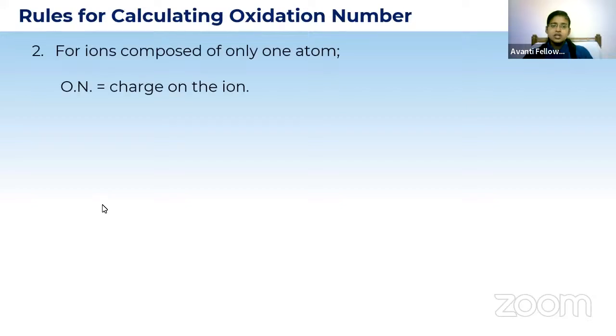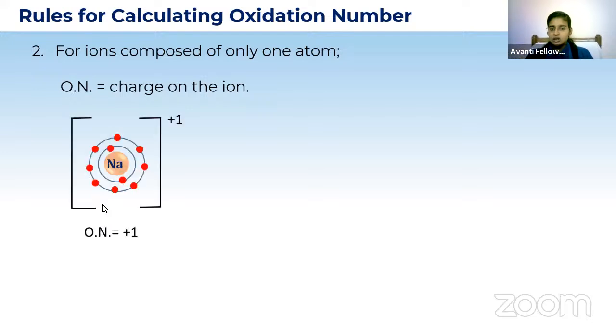Now, rule number 2 says, for ions composed of only one atom, the oxidation number is equal to the charge on the ion. So here you see, we have sodium plus. Sodium plus is an ion.